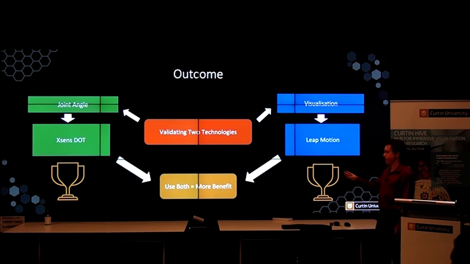If you do attach it to the hand, the accuracy will be affected because of the shape of the hand and where the Xsens dot is. But for the visualization aspect, the LeapMotion is a lot more accurate. And if you use both of these, that's great because you'll get more benefit.